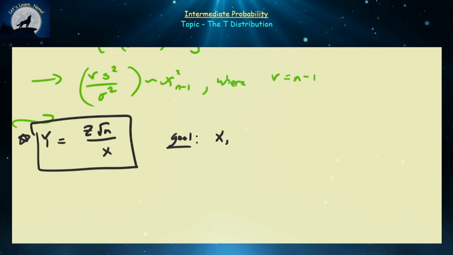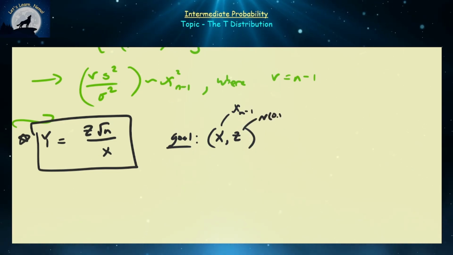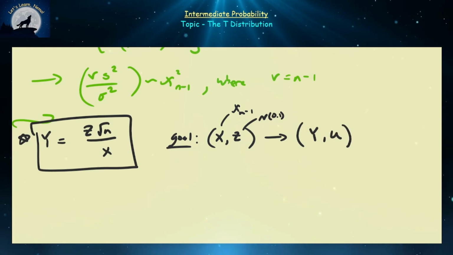So here we're starting off with variables x and z. X is going to be my chi n minus 1 random variable, and z is going to be my standard normal random variable, N(0,1). Once we have this, we're going to perform a change of variables into new variables y and u.